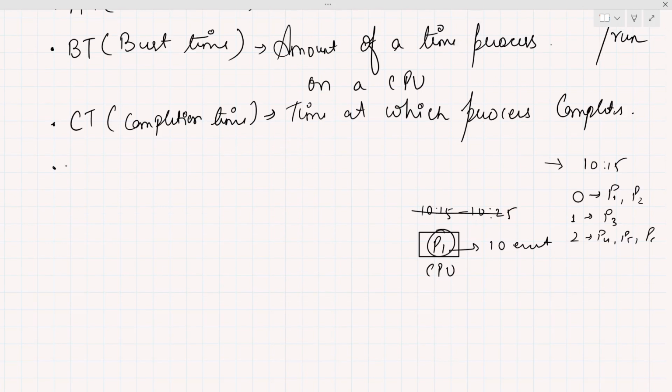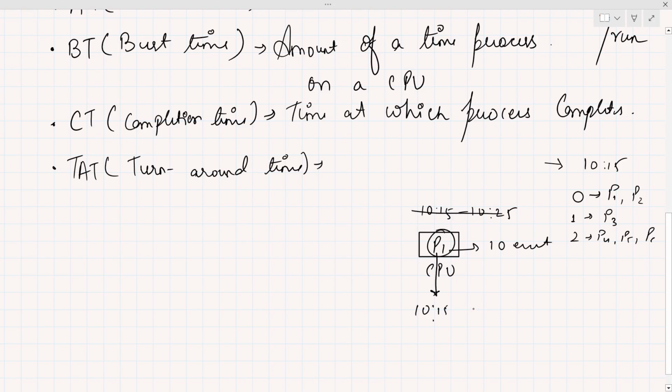Okay, now the other thing is TAT, turnaround time. What is a turnaround time? Turnaround time is basically the amount of time a process spends from arrival till completion. Let's say P1 is executing on a CPU, the process comes at 10:15 and leaves at 10:25.